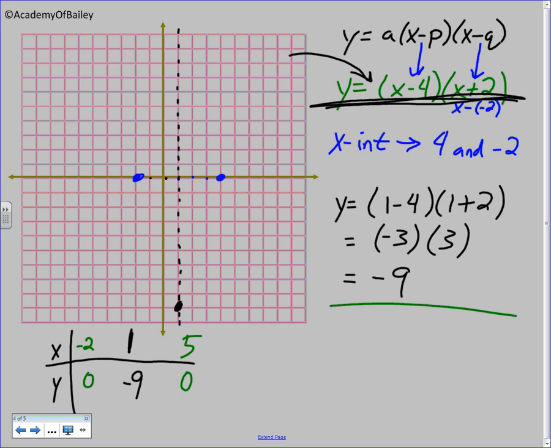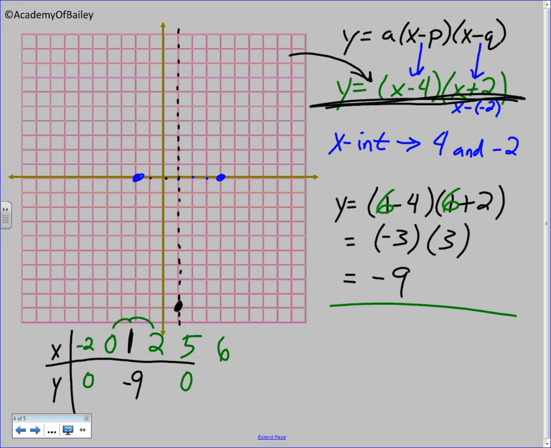We could probably either go 0, -1, or we could possibly go out here with 6. Although I'm afraid if we go with 6, we're going to get a number that's going to be off of our grid. So I'm not going to go with 6. Let's just go with 0. 0 is 1 space away, so 2 is also 1 space away from the vertex.